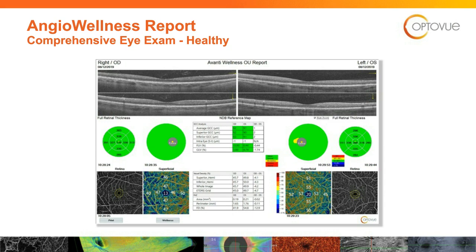And then I drop down and look at the angiogram, quickly looking at the foveal avascular zone to make sure that it's symmetric. I look at the numbers there to see that there's a lot of symmetry going on, and then I look at the individual scans on the right side just to make sure that there's no dropout, looking at the circles to make sure that they're not oblong. And then I quickly look at the vessel density numbers. Again, a blessing having the numbers there.